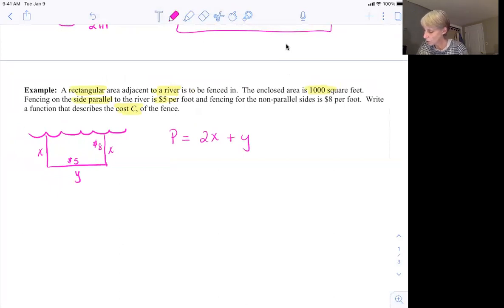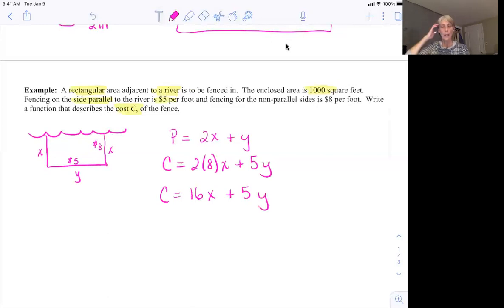In order to turn this into a cost, I know that my x costs $8 per foot. So this is going to be 2 times 8x plus 5y. Now my issue here is that I have to get rid of that y.